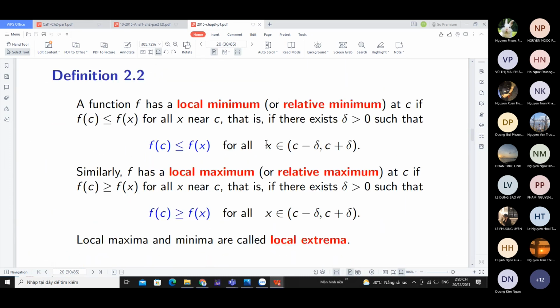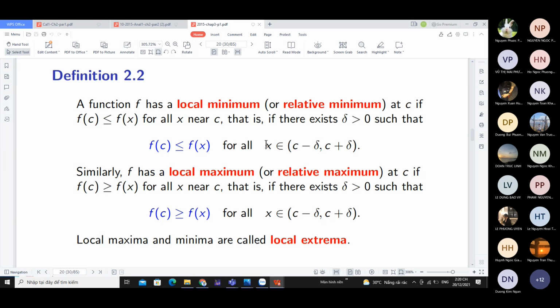Here, let me remind you of the definition of maximum value and minimum value. Okay. Actually, here we have a flexible concept: local maximum and local minimum value of a given function. The function f has a local minimum at a number c if f of c is less than or equal to f of x for all x near c. What does it mean?